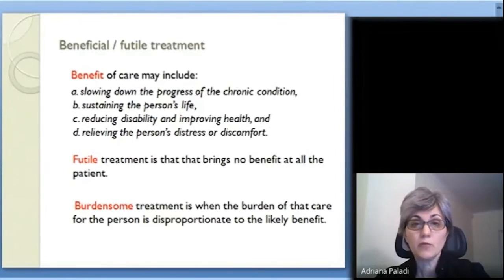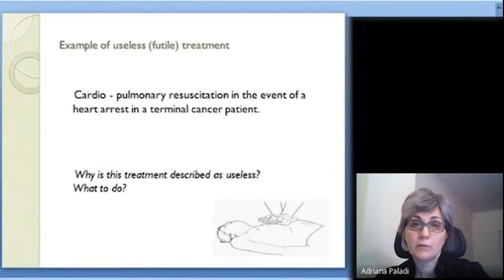Consequently, futile treatment is a treatment that brings no benefit from the listed measures or brings no benefit at all to the patient. Burdensome treatment is when the burden of that care or intervention for the person is disproportionate to the likely benefit.